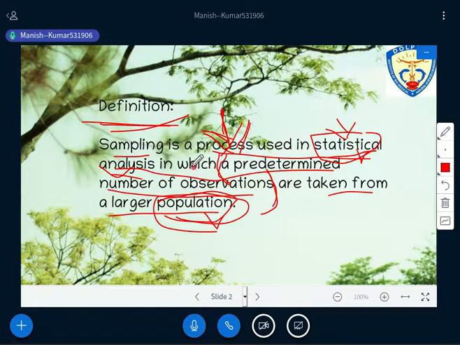What I told you, it is a process, or a kind of procedure, in which you are taking a sample from an individual or the group for research purpose. So the same thing has been written here in the definition also. For research purpose, statistical analysis has to be used there, procedure or the process, sample, predetermined number of observations, and individual or the group, population is there.